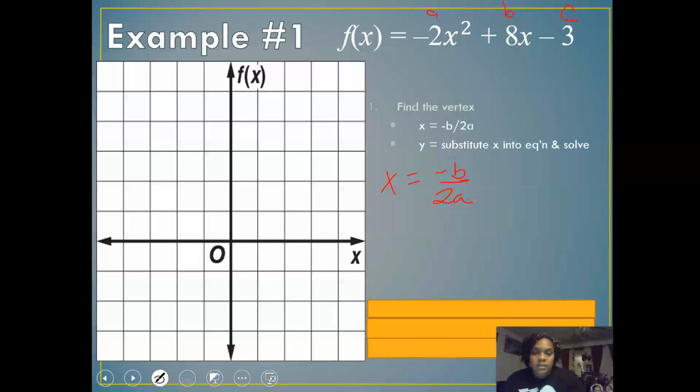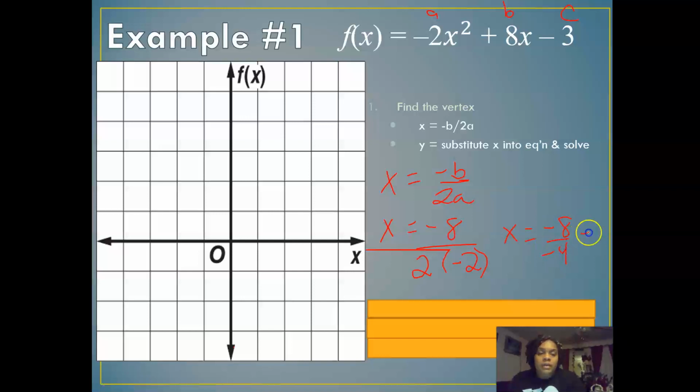So x equals negative b, which would be negative 8, over 2a. So 2 times negative 2. Here you have x equals negative 8 over negative 4, which is positive 2.